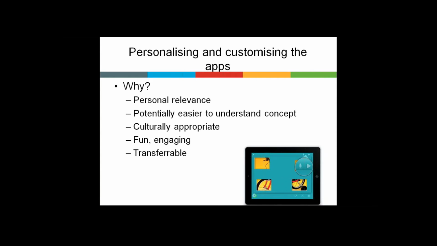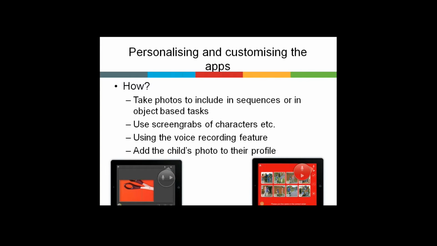I'm going to show you how to do that as we go along, but just to give you an overview, the way that you can personalize it is by taking photos to add to, or instead of, the photos that come in the standard photo library. So you can take photos and then use them in the sequencing tasks, or in Everyday Objects, or What Can You See.